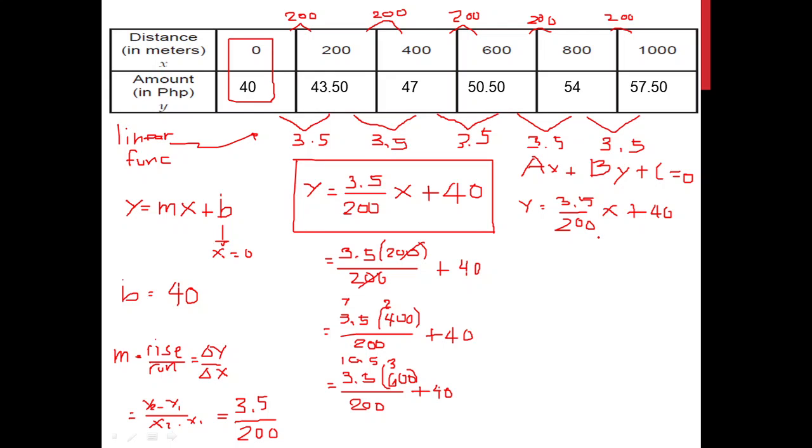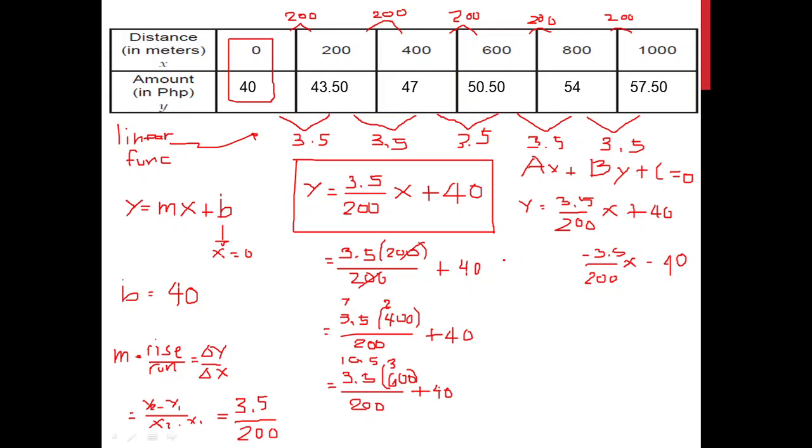Using the additive inverse, let's subtract this or add the opposite of this one. So I'll put here negative 3.5 over 200 x. Since this is positive, I'll add a negative 40 here.